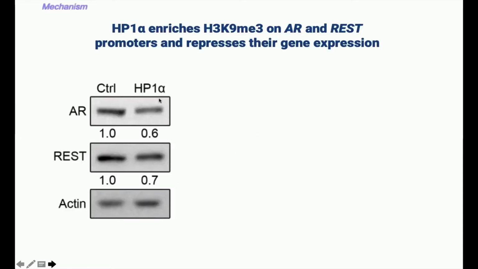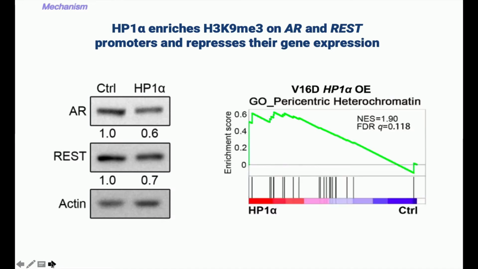And she also found that HP1 alpha enriched the histone mark on the androgen receptor and REST promoter. And when you overexpress HP1 alpha, you suppress both AR and REST expression. That's actually a big deal.